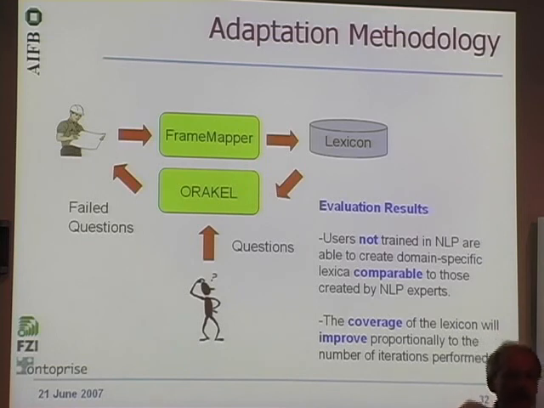And in that way, we can iteratively broaden the scope of coverage, because experience shows it's very difficult to imagine from the very beginning what kind of syntactic constructs people will use to pose these kinds of queries.